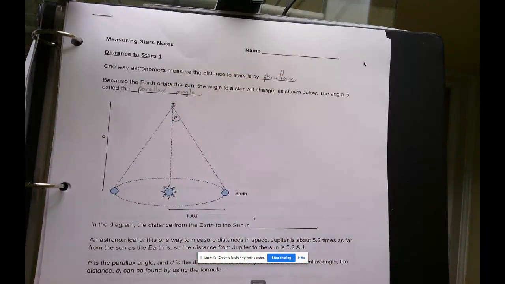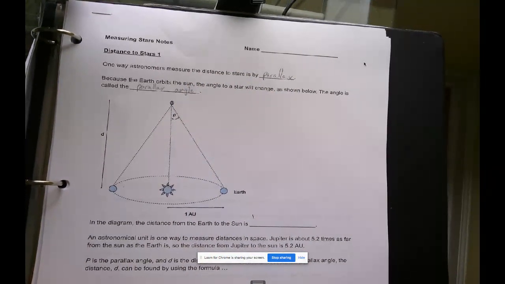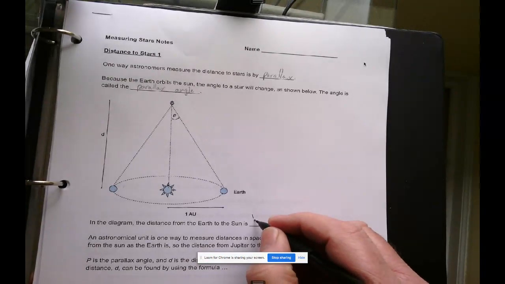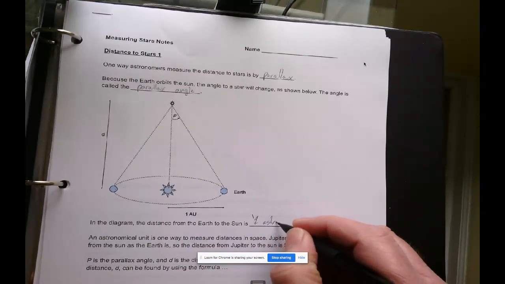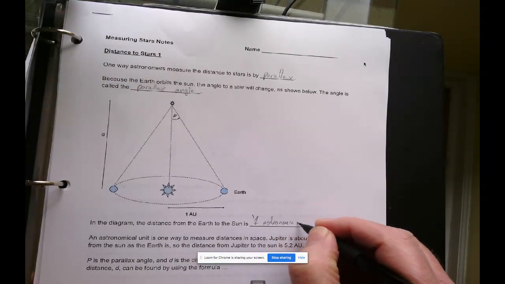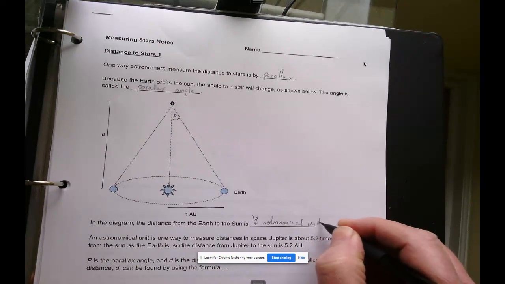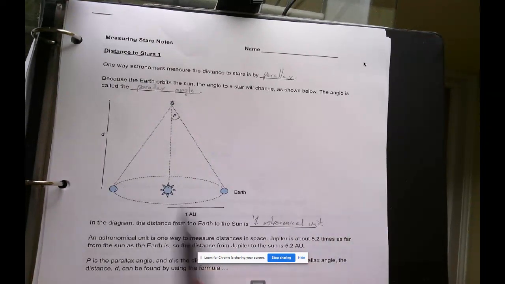All right, and in the diagram, the distance from the Earth to the sun is considered 1 astronomical unit. So that's a particular unit we use. It's really good for measuring things inside the solar system. So the Earth is 1 astronomical unit away.